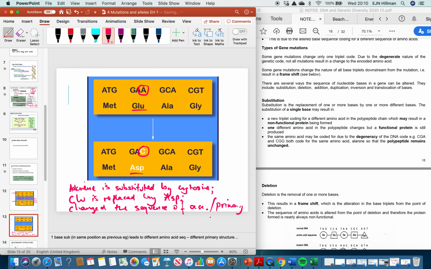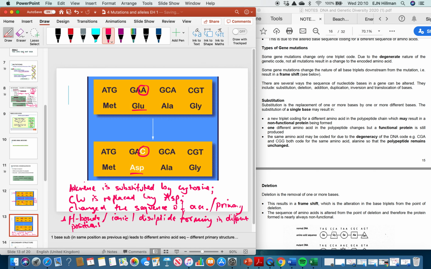primary structure. Now, a change to the primary structure will eventually lead to hydrogen, ionic or disulfide bonds forming in different positions.